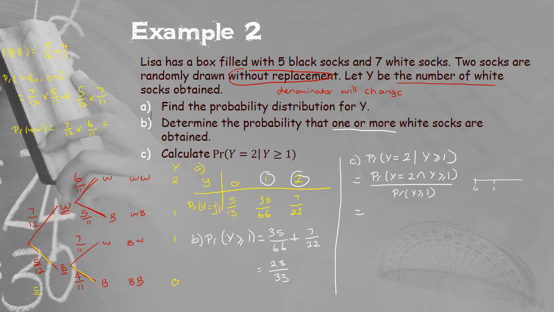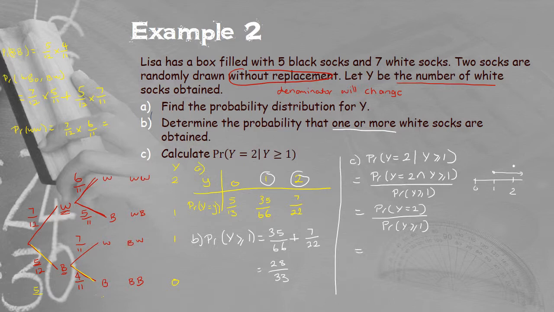Greater than or equal to 1 means we'd be looking at this option onwards. Y equals 2 means we're just looking at this option here. So together, where do they intersect? Just where Y equals 2. And we divide by probability Y is greater than or equal to 1.